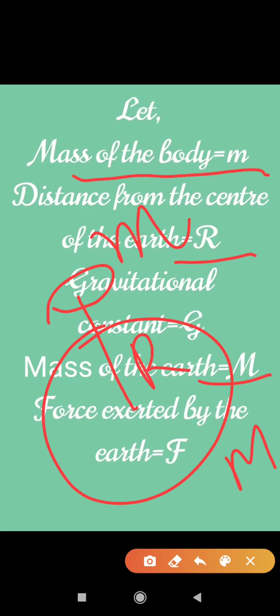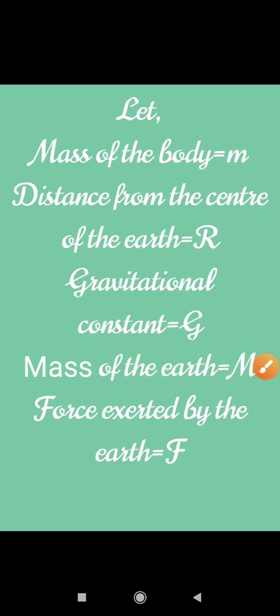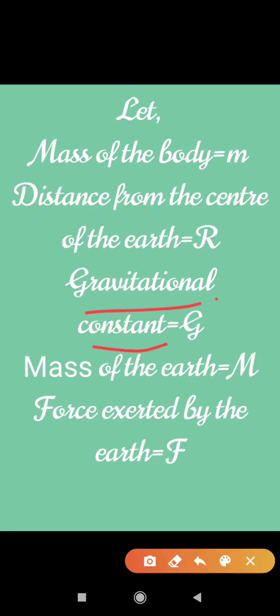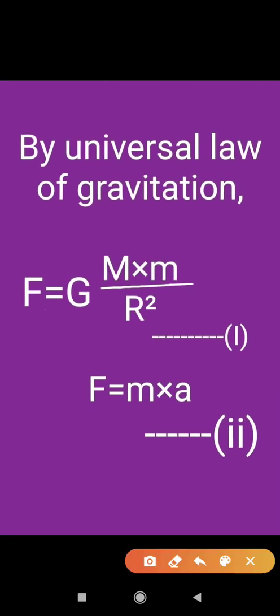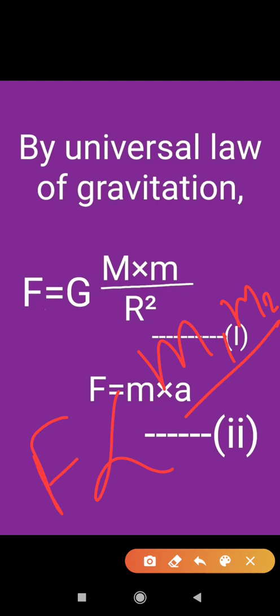Now the force exerted by the earth will be F, and one constant will work. This is known as the gravitational constant, represented by capital G. On the basis of all this we will use some formulas. The universal law of gravitation we have already done. F is directly proportional to m1 m2 upon r square.